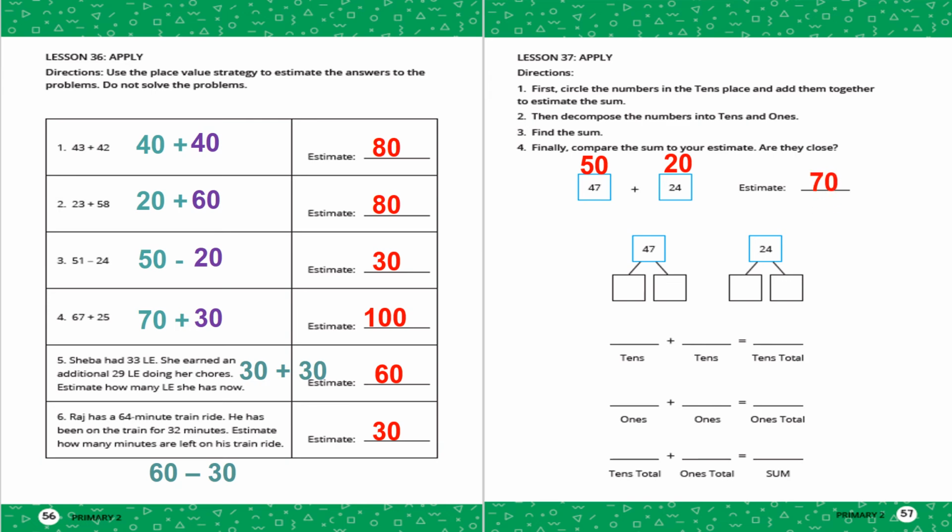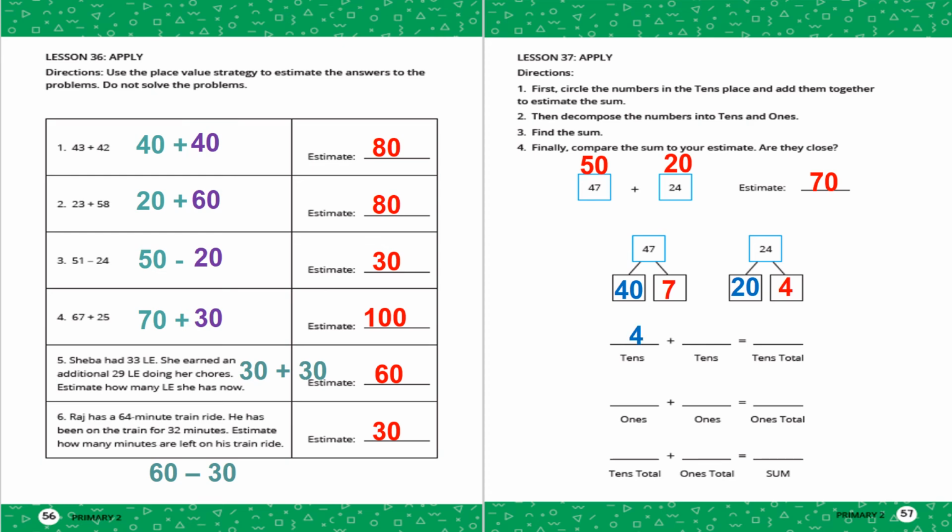Now let's decompose 47. 47: 40 in tens, 7 in ones. Let's decompose 24. 20 in tens, 4 in ones. Now we want to add tens together. How many tens do we have in 47? Here we have the word tens, so we must cancel zeros.